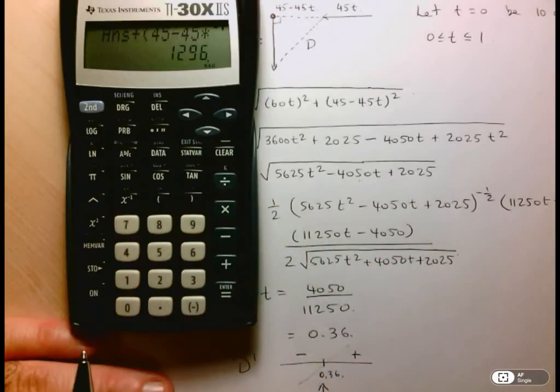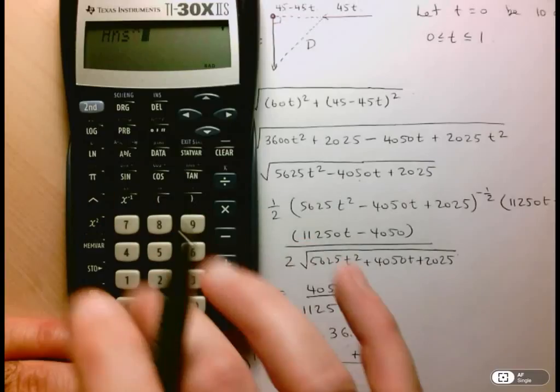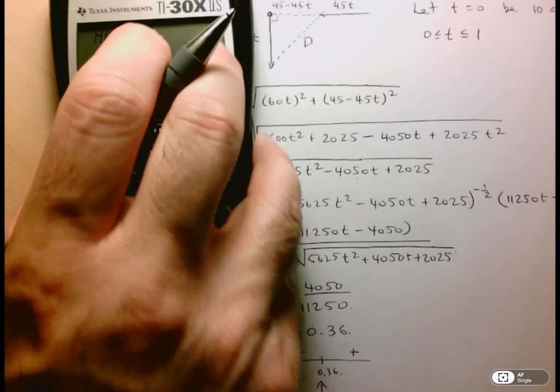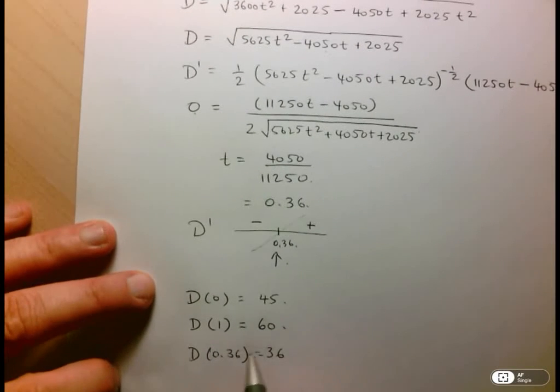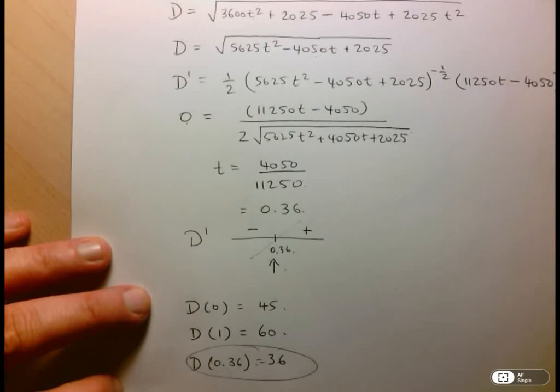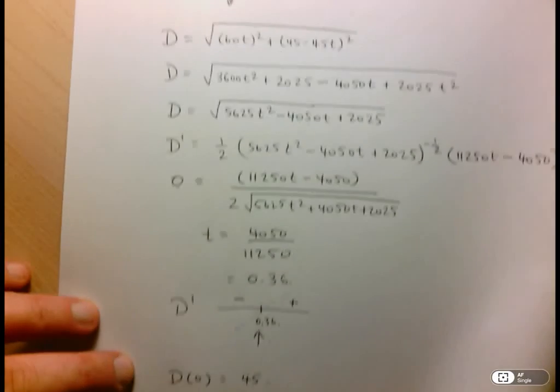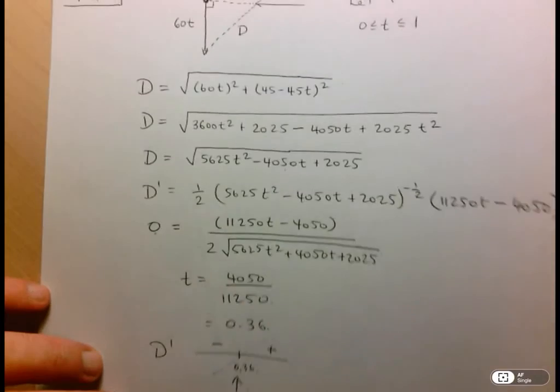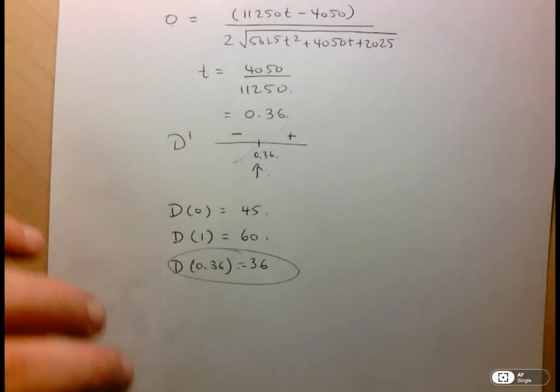I have to take the square root of that, so we'll do exponent 0.5, and here we have 36. So we see that at the critical point is where we have the minimum distance. Now this is the answer based on our algebra.